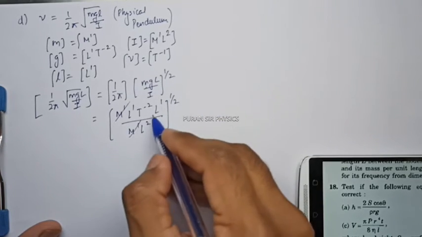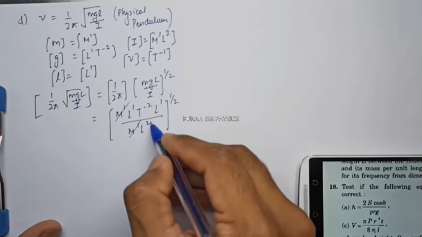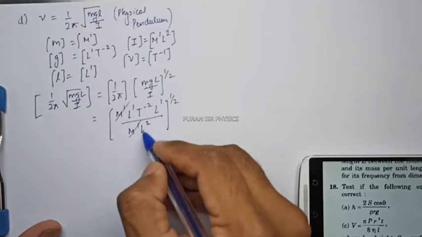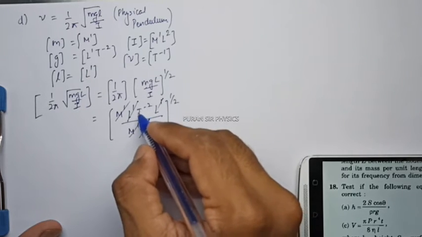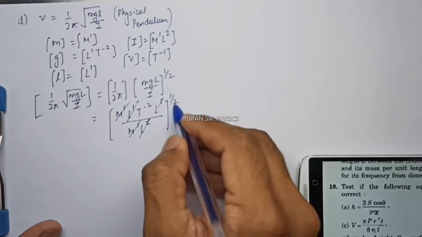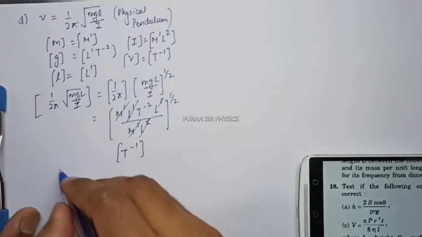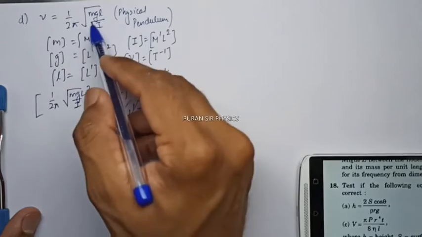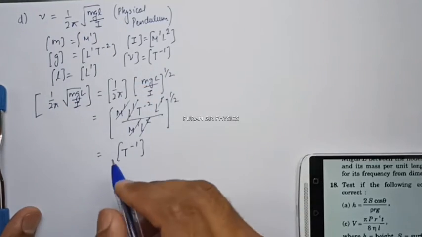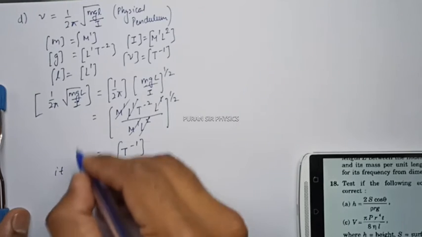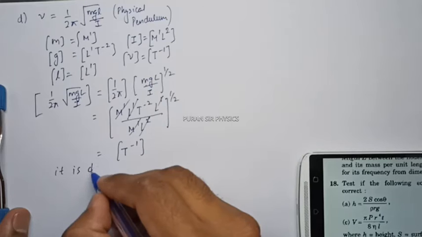So this is l raised to power 1, l raised to power 1, so l raised to power 2, ultimately ये भी cancel out हो जाएगा, and we will be left with t raised to power minus 2 into 1 by 2, so it will be t raised to power minus 1. So the dimension of the right hand side is t raised to power minus 1, and the dimension of the left hand side is also t raised to power minus 1. So we can say this equation is dimensionally correct.